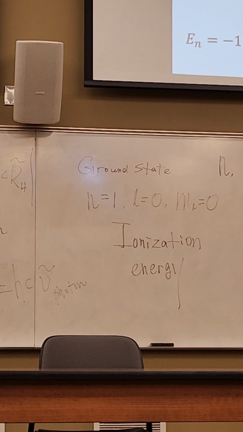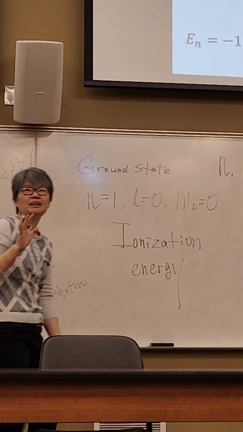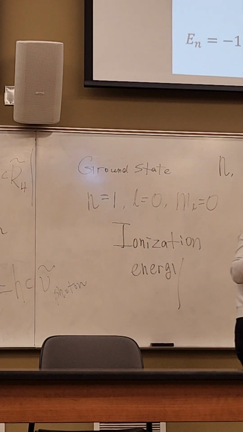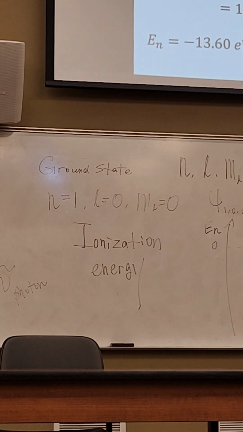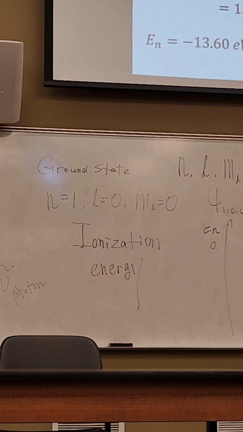What is the definition of ionization energy in an atom, or a hydrogen atom, let's say? It's the amount of energy required to knock the electron off of the hydrogen atom. Okay, knock it off from hydrogen, be more specific.